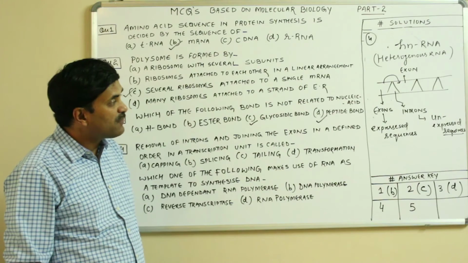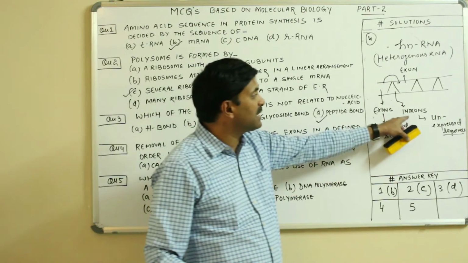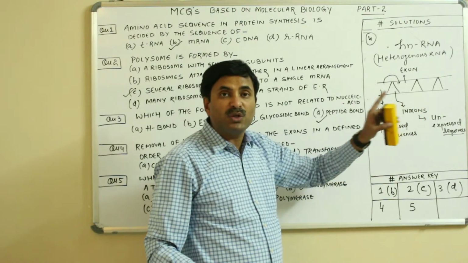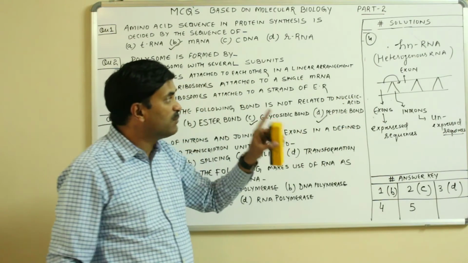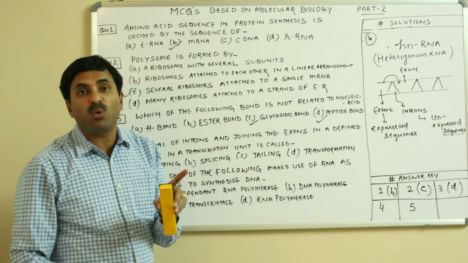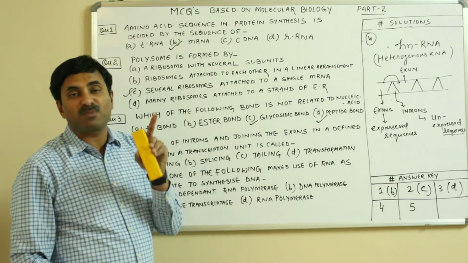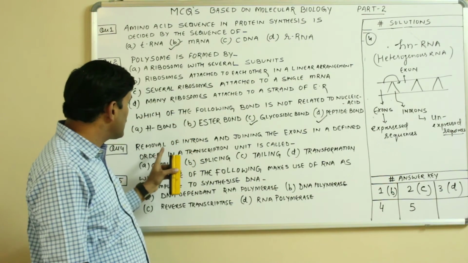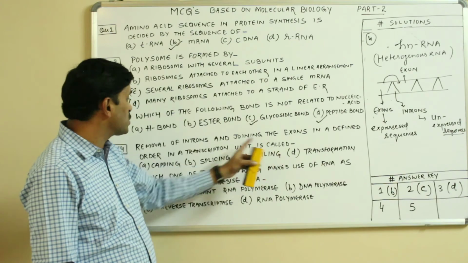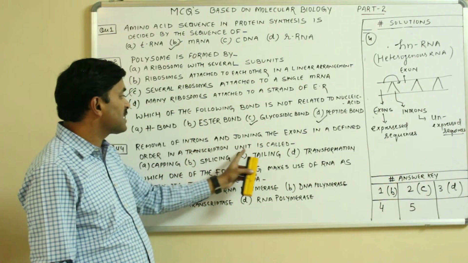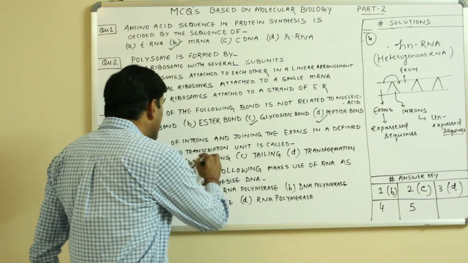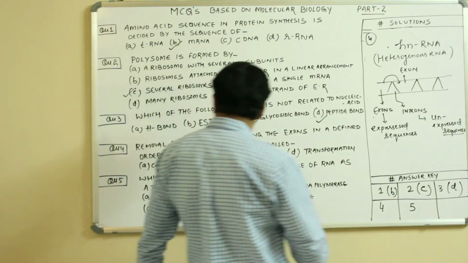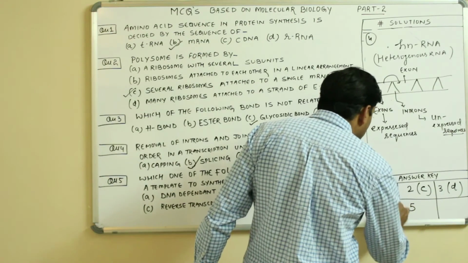Because the unexpressed sequences known as introns are present between the two exons. So the removal of the introns is called RNA splicing. The question was: removal of introns and joining the exons in a defined order in a transcription unit is called as, so it is splicing. Question number 4 has the answer B.